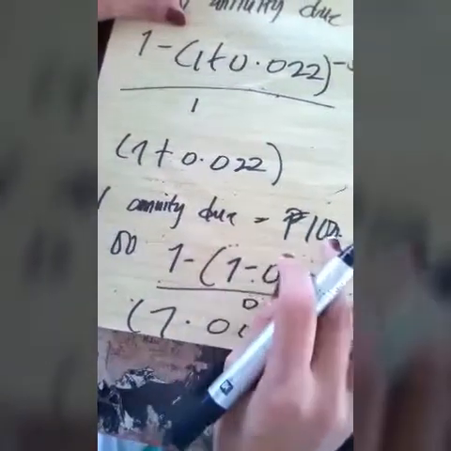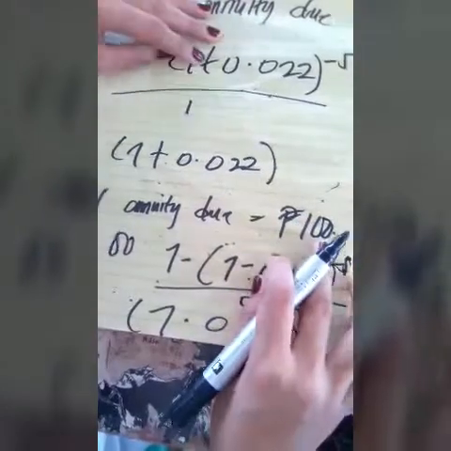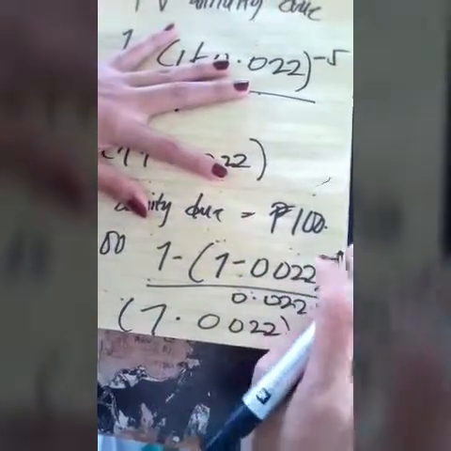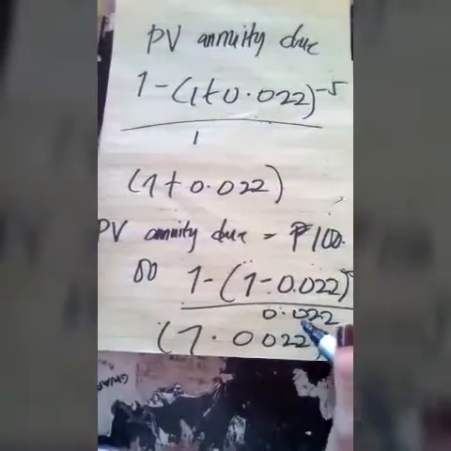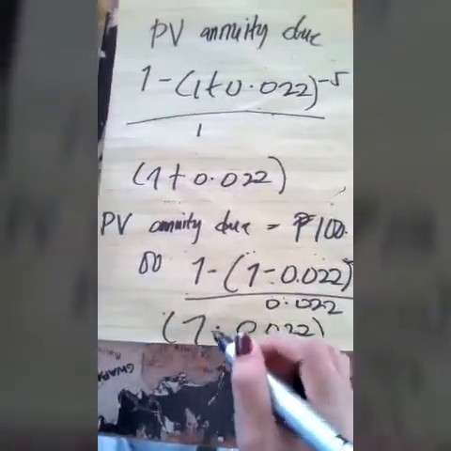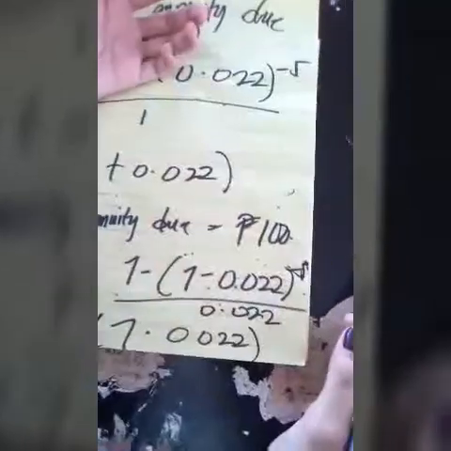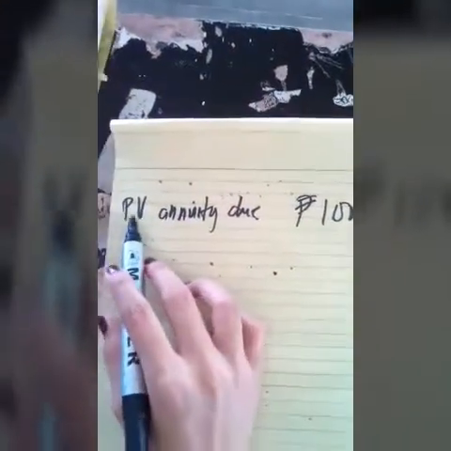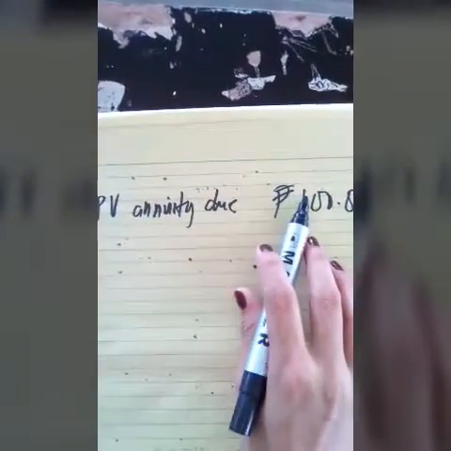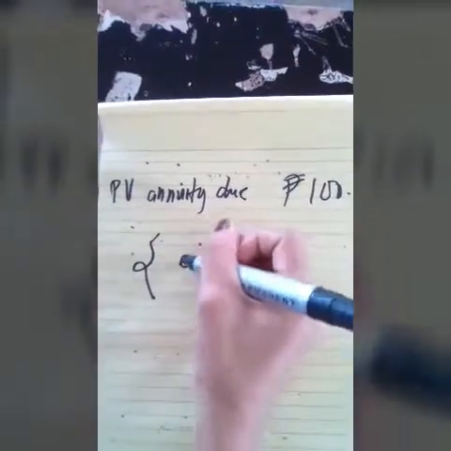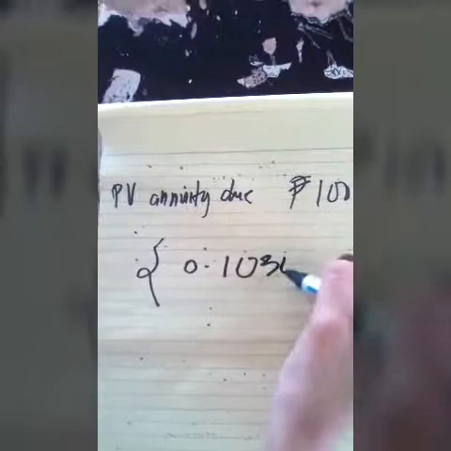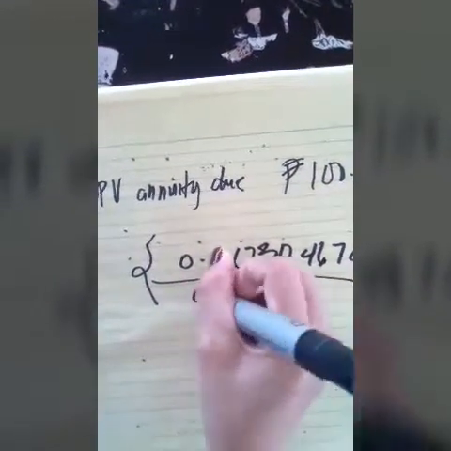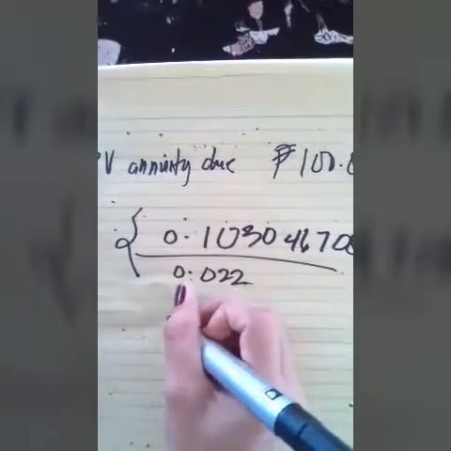Present value of annuity due, here P is the principal, 100 pesos, times the quantity of 1 minus 1.022 raised to the power of negative 5, over 0.022, times 1.022, is equal to 100 pesos times 0.103046708 over 0.022, times 1.022.